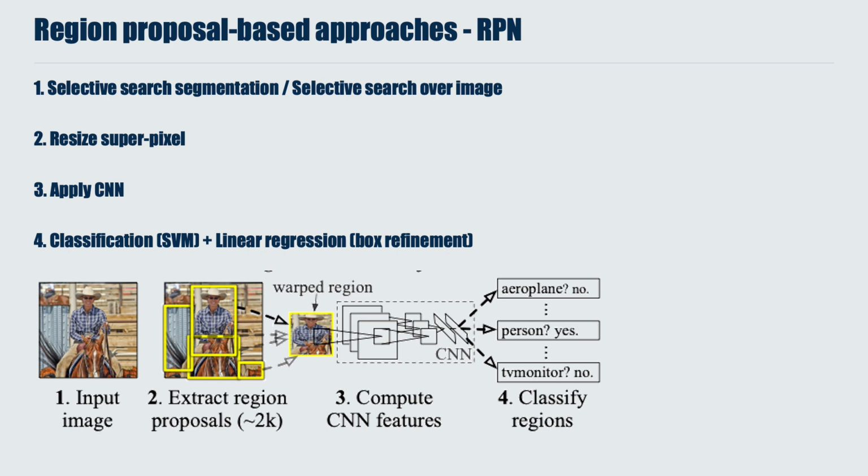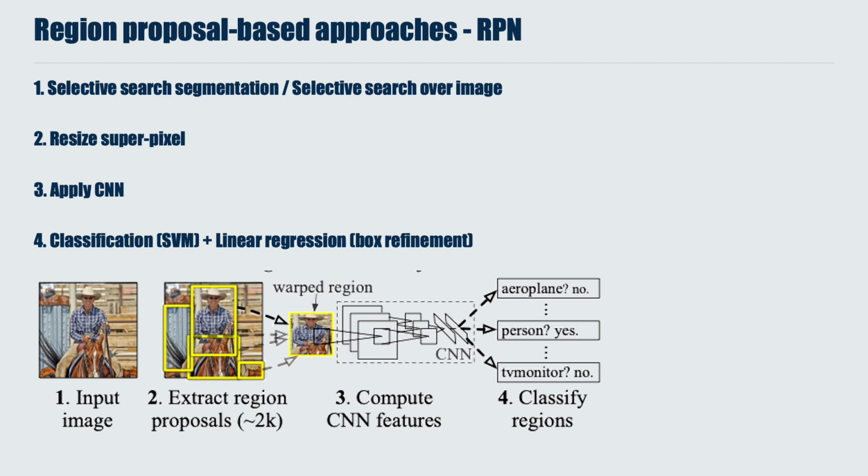Then at level 2 here, they extract the region proposals, and they say that they have roughly 2,000 of those. Then they resize their regions so that they have different batches, each time of the same size, that they pass through a CNN that gives them features, and they use their features to perform a classification with an SVM.